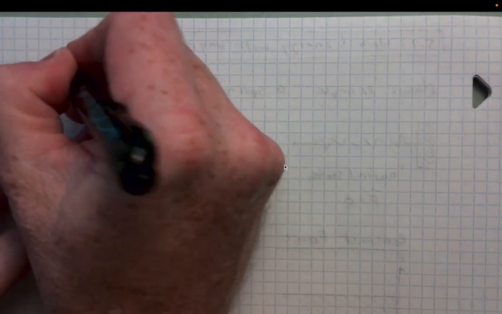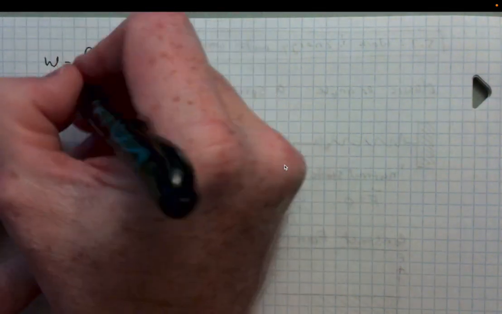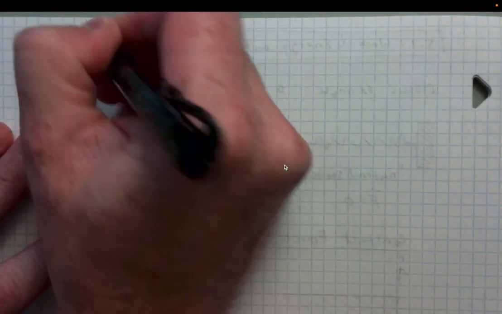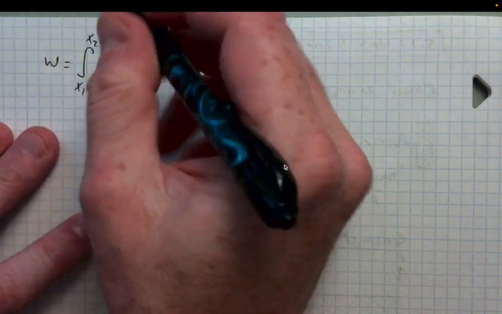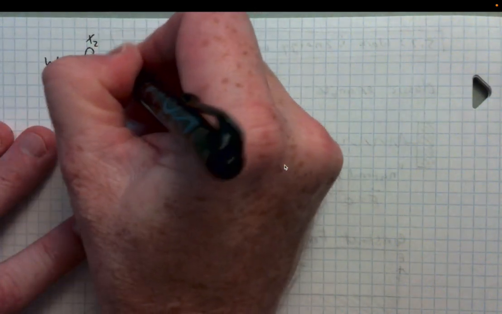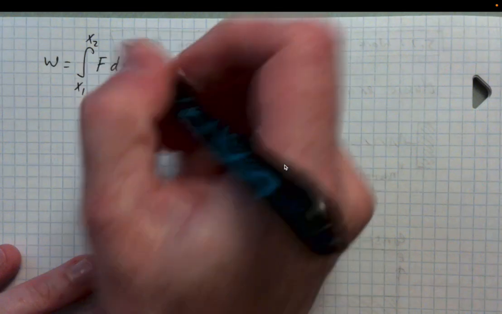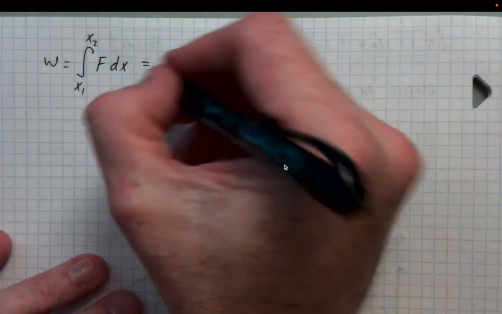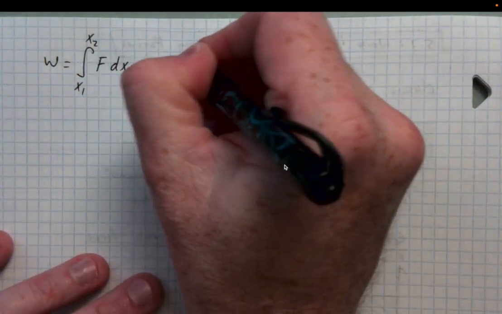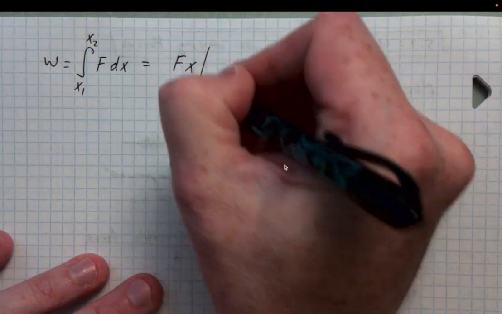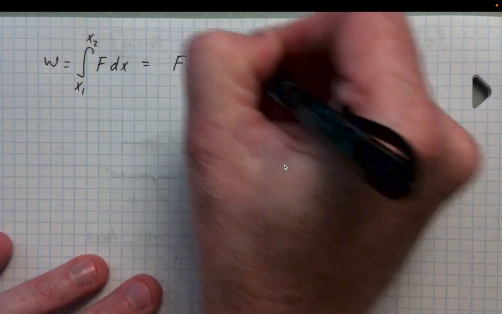Now, it turns out that this formula works just perfectly fine when the force is constant, right? So let's crank out the formula: integrate from x1 to x2 of f dx. If I assume that f is a constant, then the integral of a constant is just f times x, and I have to do that from x1 up to x2.